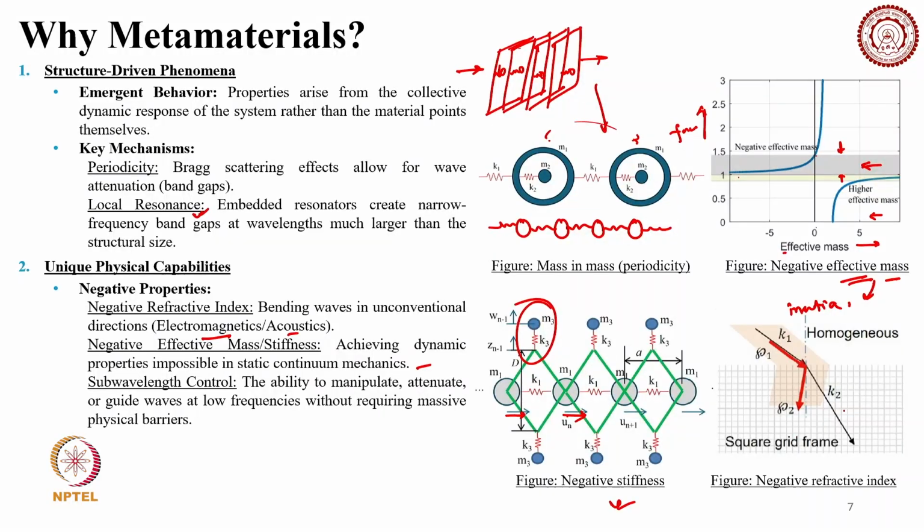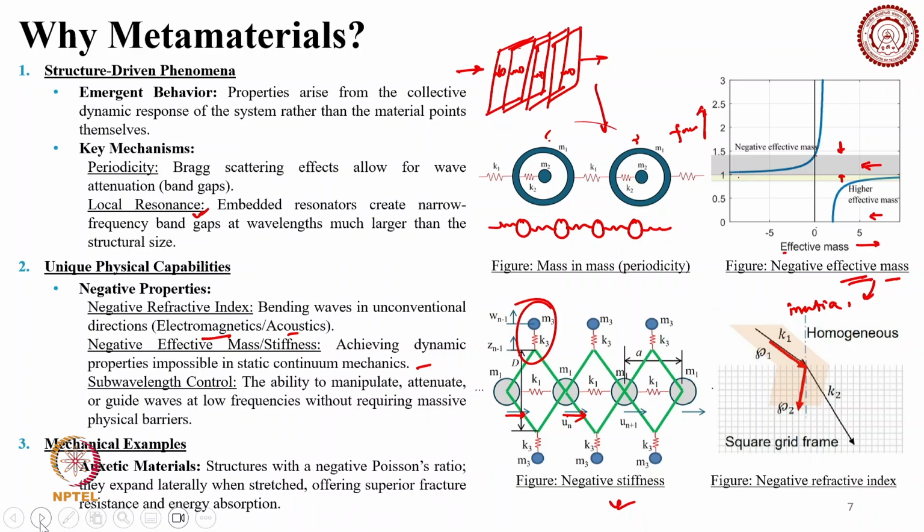At those frequencies, your stiffness is getting negative. Okay. Then in the case of the refractive index also, normally the wave should go this way, but you can see that the energy associated with that wave is going in the negative direction. We will do that once we study the 2D. These are quite difficult things to visualize and understand as well.